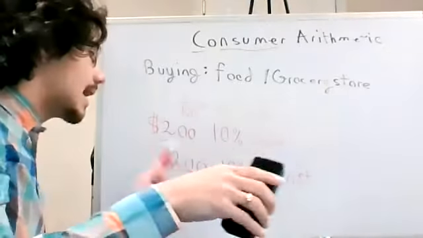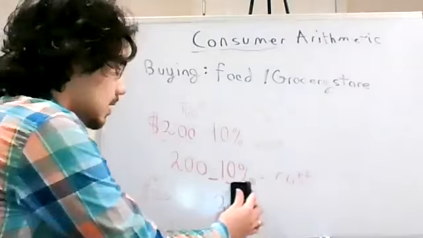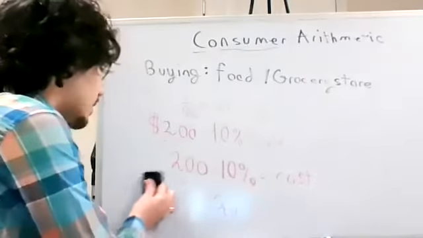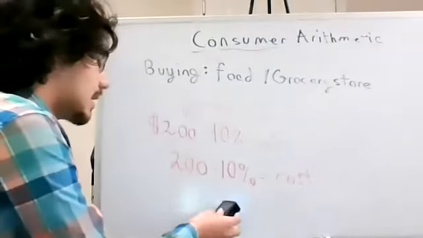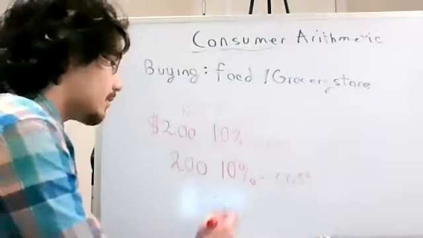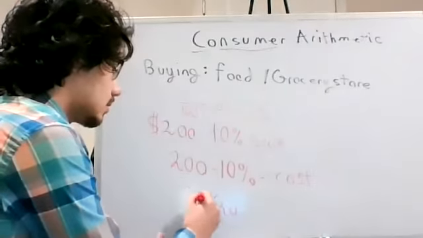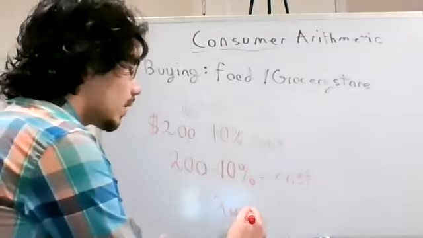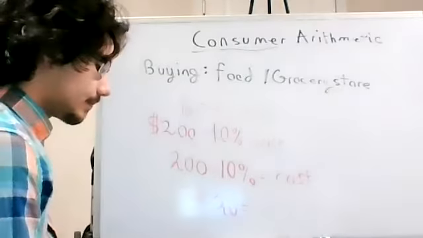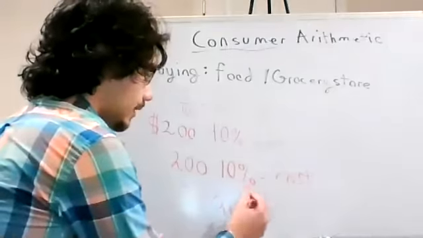So 200 minus 10%. Sir, I think I understand. So you found 10% of 200, which is 20. Because it is 10% off, it is 200 minus 20. Yes, sir. Which is what? $180. Very good.